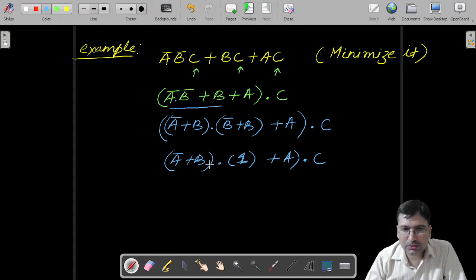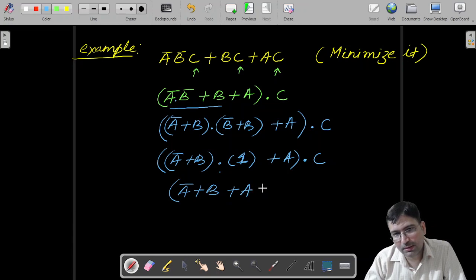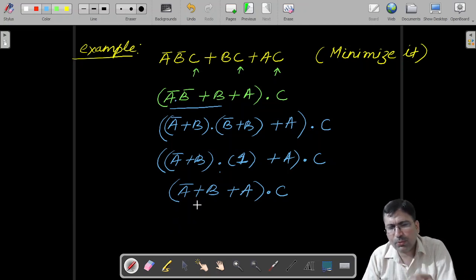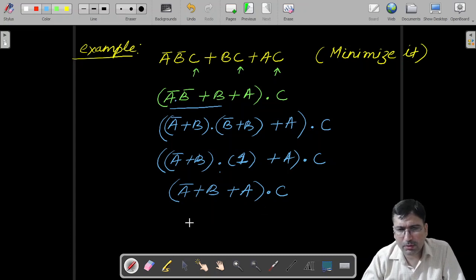So this AND operator will give A bar or B, and this A is there and C, so this will become A bar or A. This will give us 1 only. I hope you are getting it. Because we can commute the terms, we can apply the commutative law.